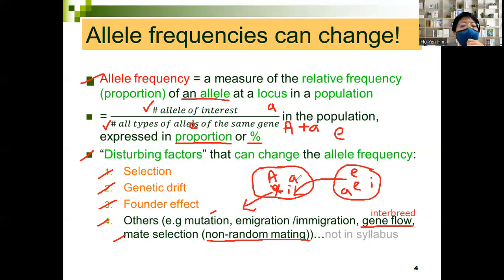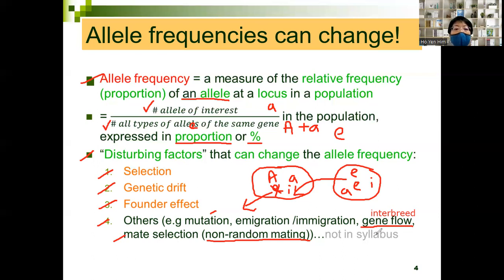Big A chooses small a or big A. They don't choose E and I. This is called non-random mating. So you see that because of non-random mating, because there's mate selection, the allele frequency of big A and small a will increase, right? And then the small e and small I will decrease. This is because of non-random mating. So all these processes here are not in the syllabus, and it's very easy to know why they can lead to a change in allele frequency.